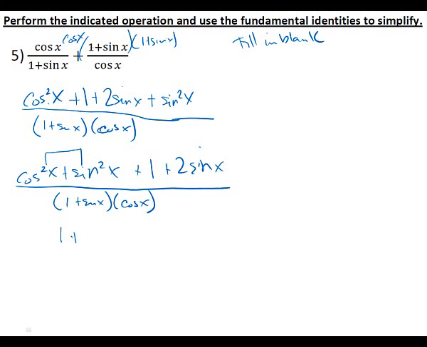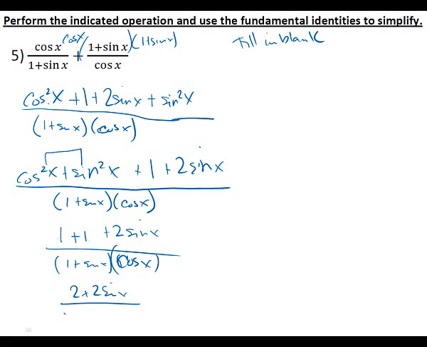It's 1. So now you have 1 plus 2 sine x over 1 plus sine x cosine x. What's 1 plus 1? 2. So 2 plus 2 sine x over 1 plus sine x cosine x.